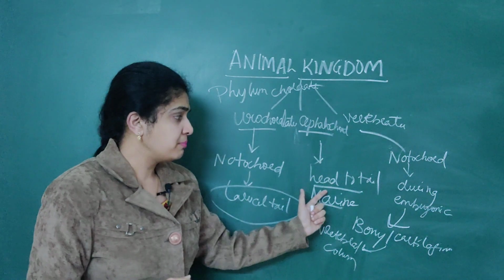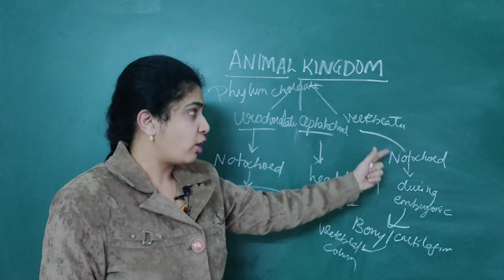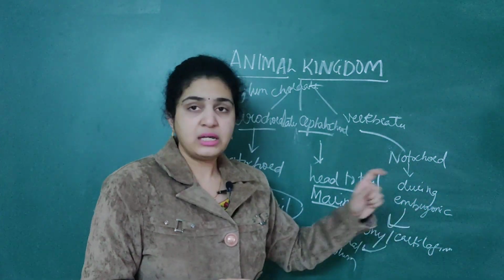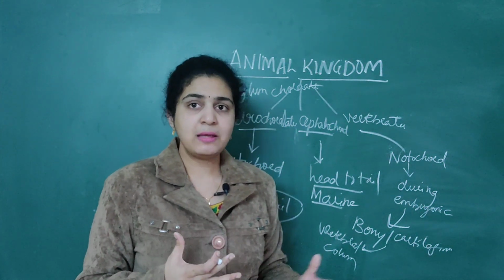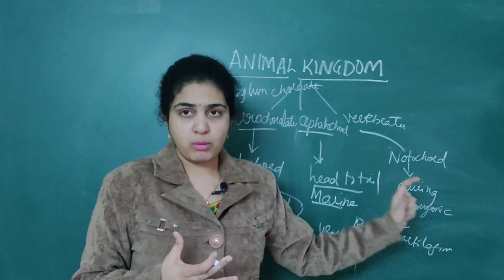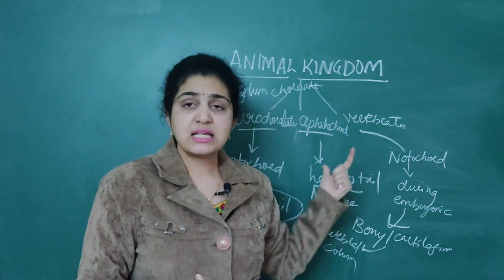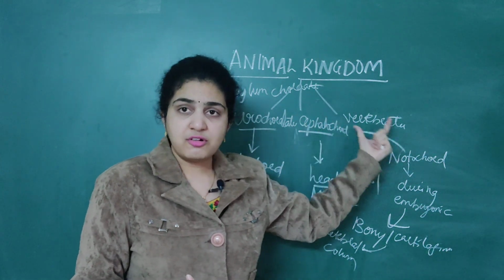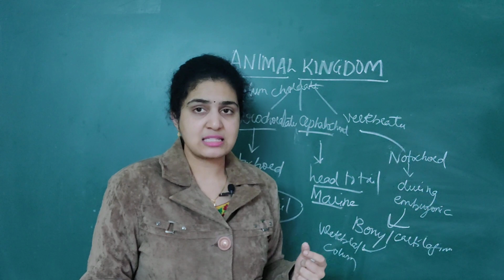Present from head to tail is only in cephalochordates. In vertebrates, it is present only during embryonic development, and later it is replaced by a cartilaginous or bony endoskeleton, that is the vertebral column. So these are the three differentiating features under the phylum Chordata, the different subphylum which are classified.